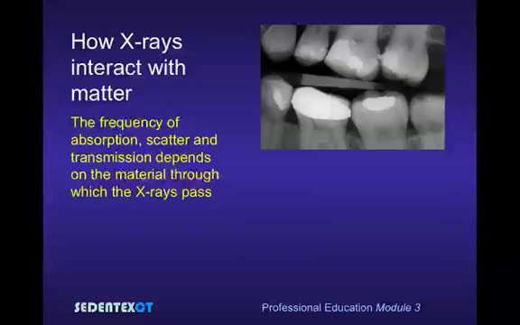We'll start off by looking at the radiograph on the top right. This is just a very familiar bite-wing radiograph. The frequency of absorption, scattering and transmission of X-rays depends on the material through which the X-rays pass. If you look at the lower left 6, you will see that there is a very radiopaque, white appearing restoration. This is radiopaque because it's absorbed lots of radiation, and this reflects its high atomic number.